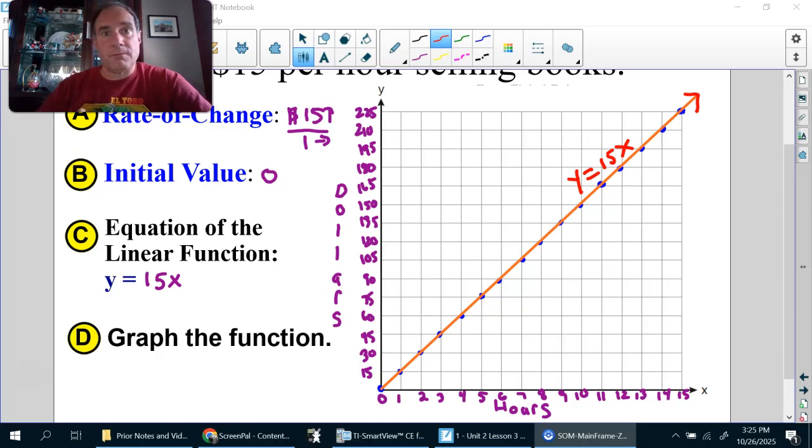So just remember, when you have the hours, like weeks, months, usually the independent variable, you're going to go by ones, usually, not all the time. But now the dollars, that's the y, it's the dependent variable. You're going to go by tens, maybe hundreds, whatever it is. You look at the rate of change. It is 15 in this case.